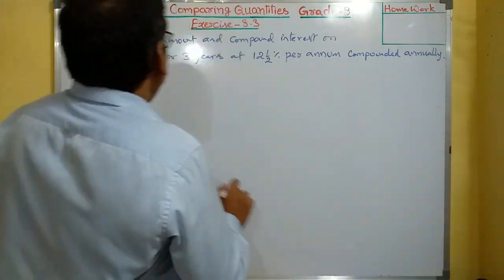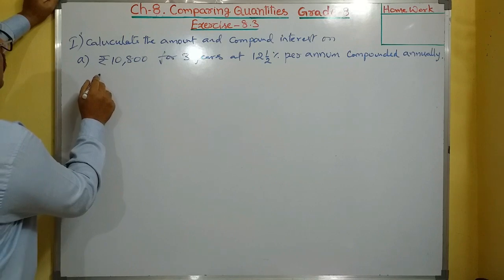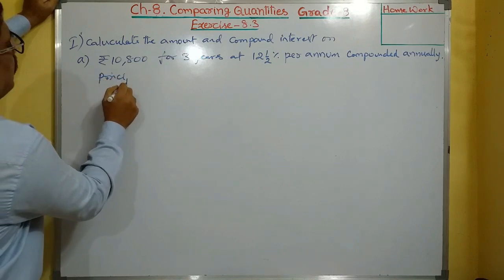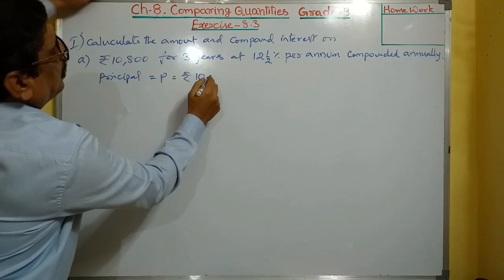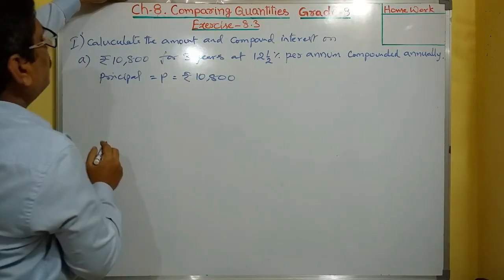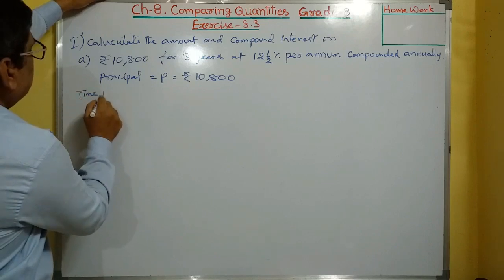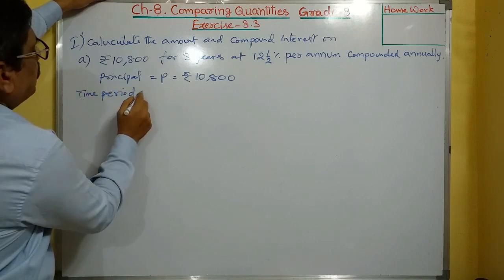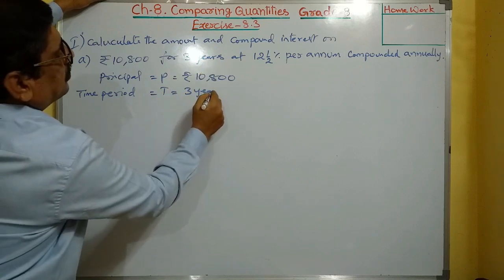Okay, now let us write the details. What is the principal? Principal P is equal to 10,800 rupees. And what is the time period? Time period T is equal to 3 years.